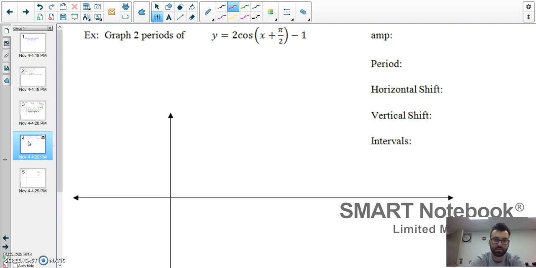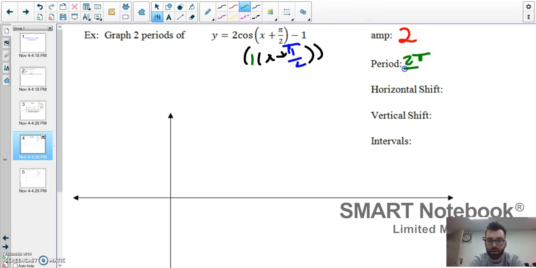Here, first thing I want to do, I'm going to take out my GCF of 1. So my amplitude, absolute value of 2 is just 2. 2 pi over 1, which is 2 pi.